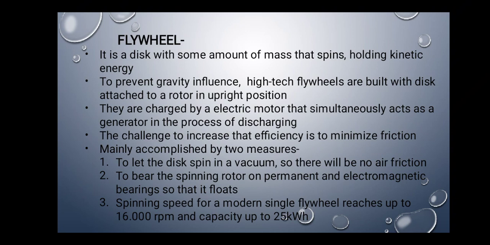First, let the disc spin in a vacuum so there is no air friction. Second, bear the spinning rotor on permanent and electromagnetic bearings so that it floats. The spinning speed for a modern single flywheel reaches up to 16,000 rpm, with a capacity of 25 kilowatt hours.